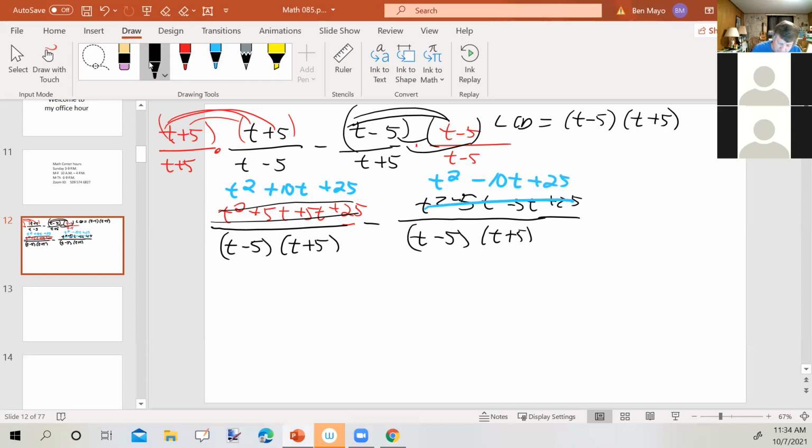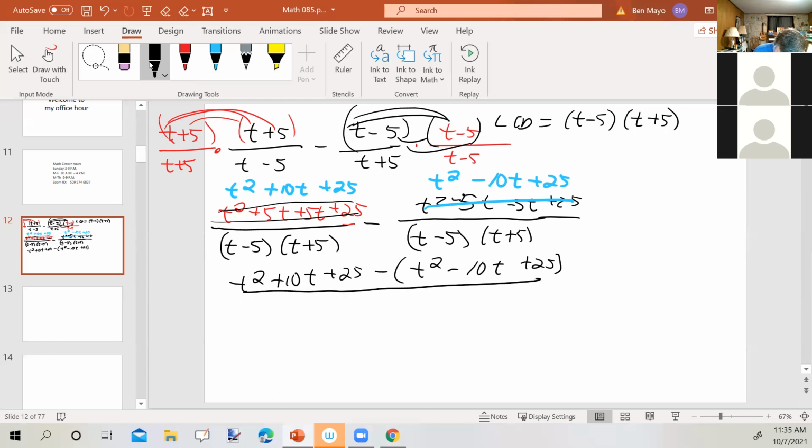Okay. You all right with that? Mm-hmm. Okay. So now I've got t squared plus 10t plus 25 minus the quantity t squared minus 10t plus 25 all over the least common denominator.